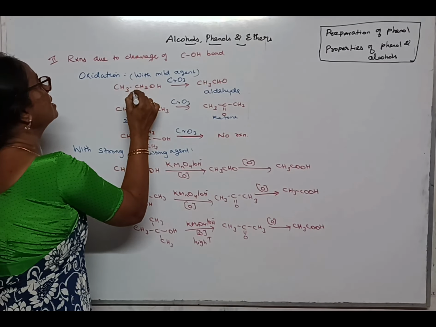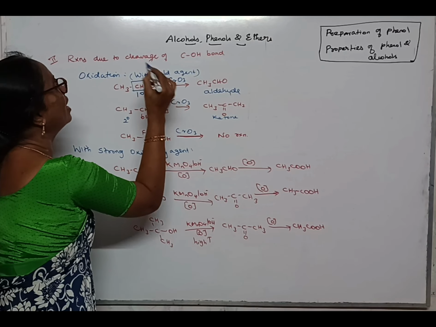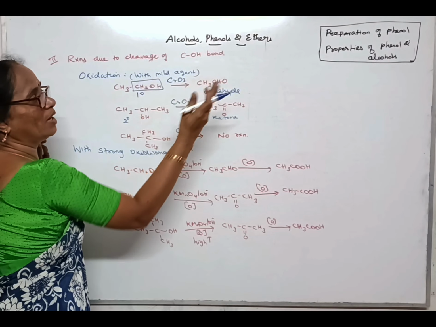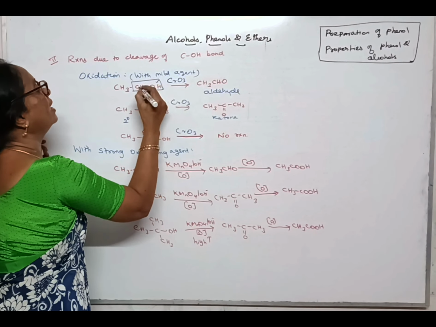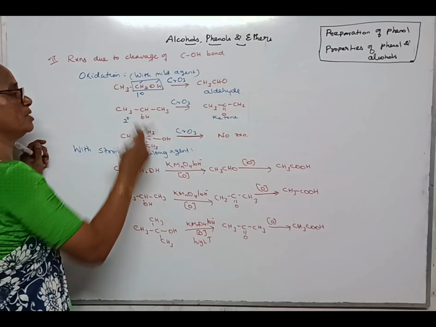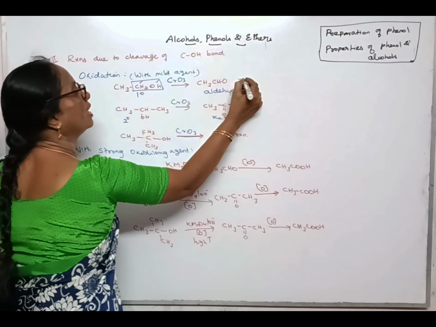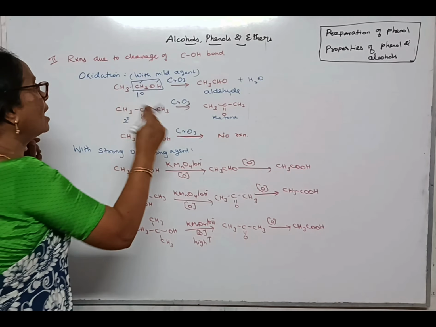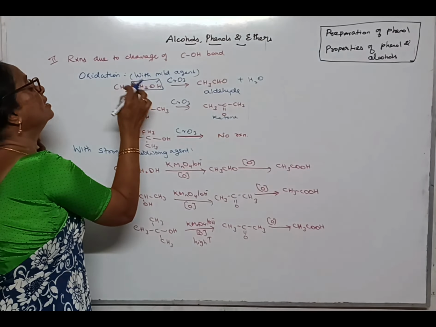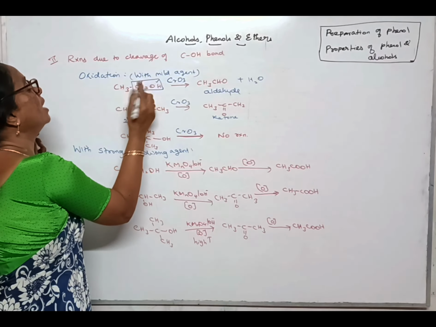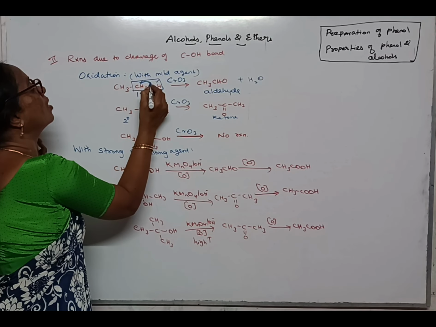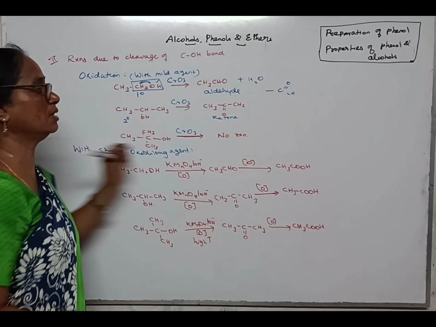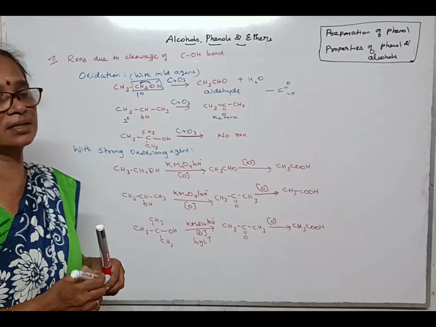Why? This is the site where oxidation takes place. Oxidation is nothing but a removal of hydrogen. The OH hydrogen and one of the hydrogens from CH2 get oxidized to water. Because of the removal of hydrogen from oxygen and the other hydrogen from carbon, we get a double bond between carbon and oxygen. The double bond should be represented like this. This is the structure of aldehyde.